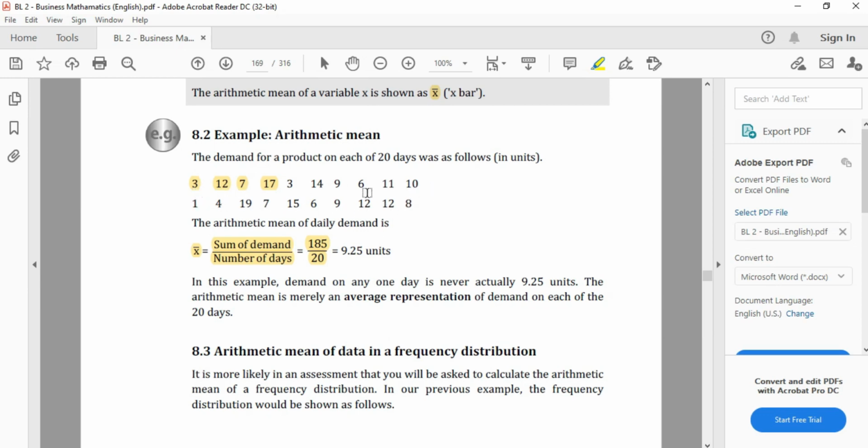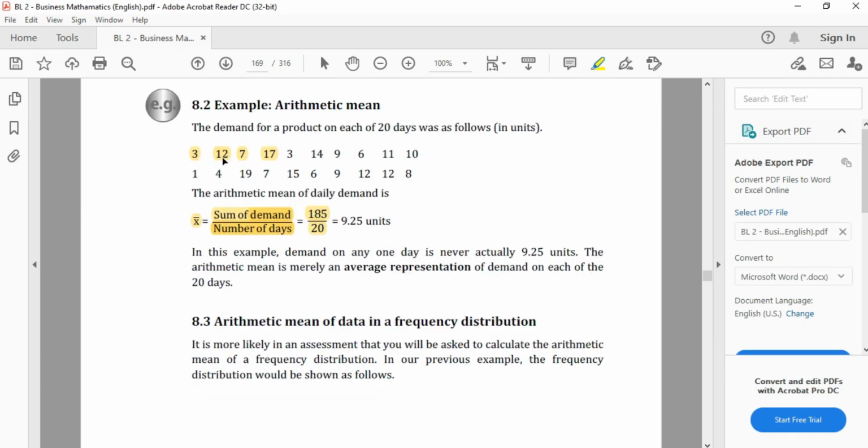Okay, so the number of items here, the items are days, but the days represent the demand, and the total of all those demands is what we have to consider here, and they have considered 185 above. Then you will get your average number of units or demand per day.